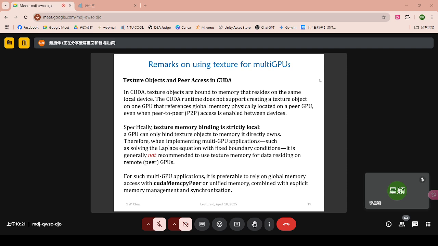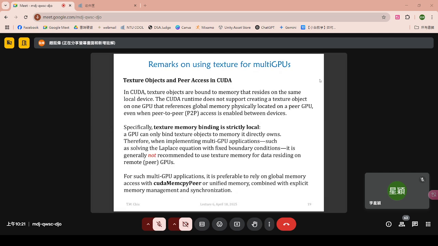The reason is that NVIDIA GPUs, especially this GTX 1060, do not support texture object access via peer-to-peer. Let me go into a little more detail.